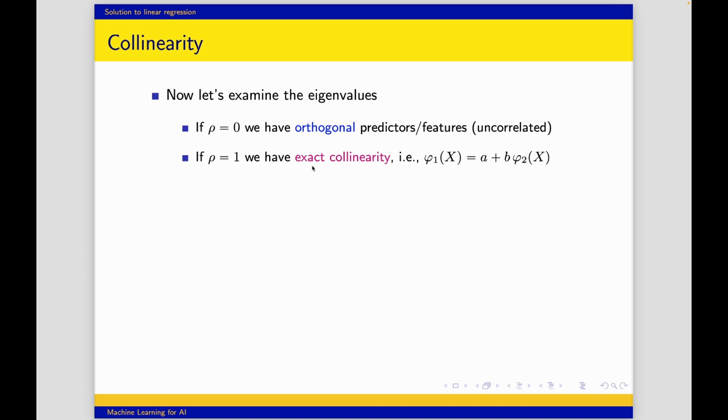Now, what if rho equals 1? Well, that's the definition of perfect collinearity or exact collinearity. In other words, we will have this kind of relationship.